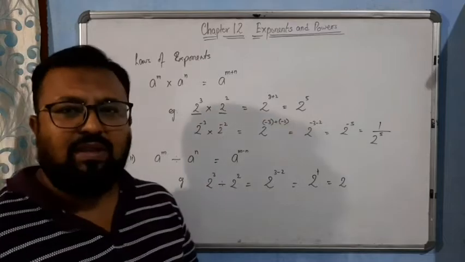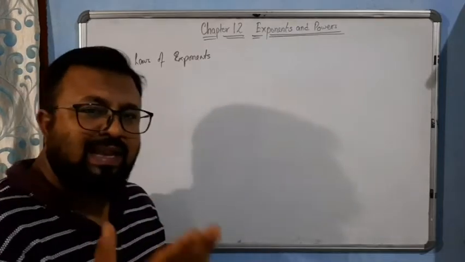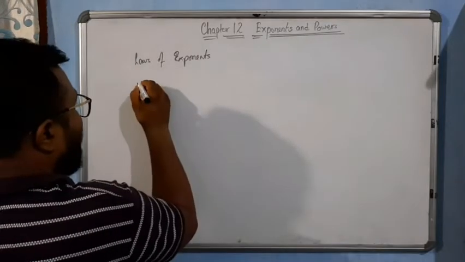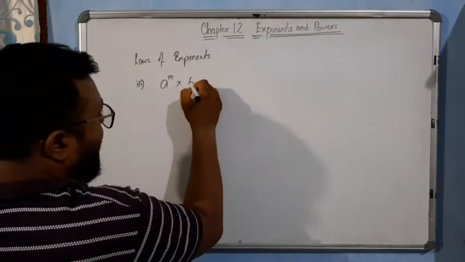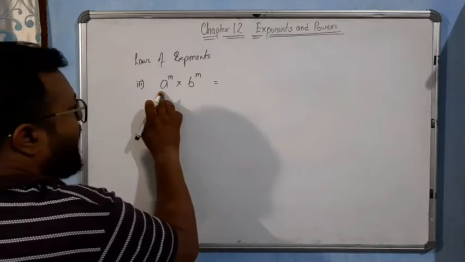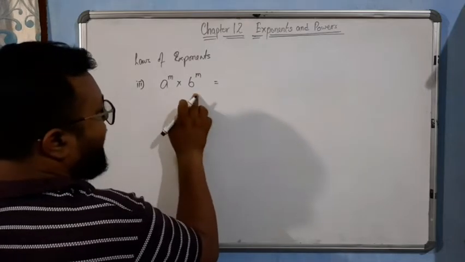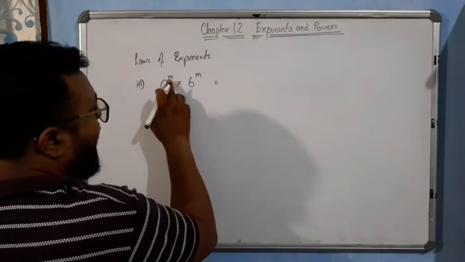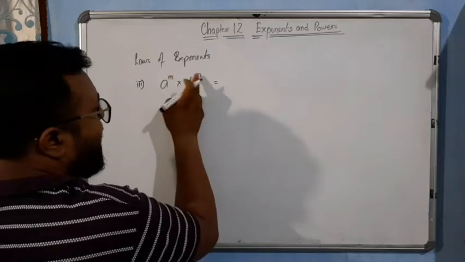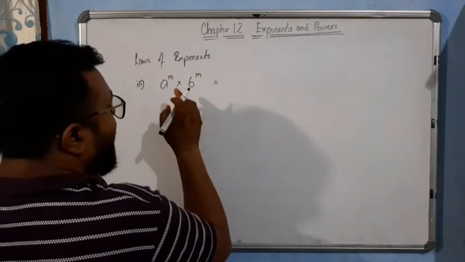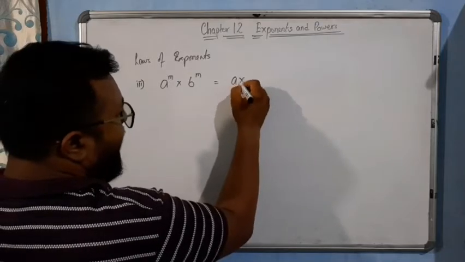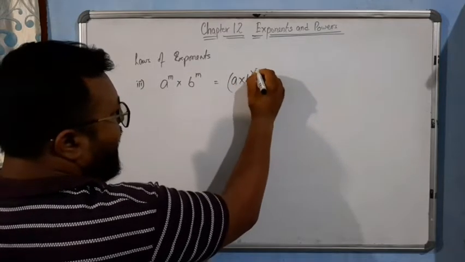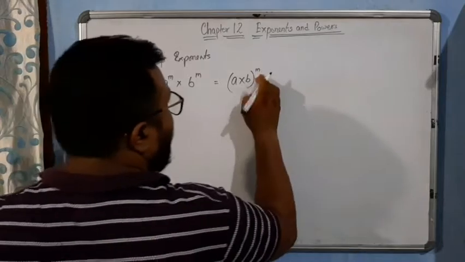Now come to the next law. The third law is a to the power m into b to the power m. When the two bases are different and the powers, or exponents, are the same, then under the same power we multiply, that is a into b to the power m.